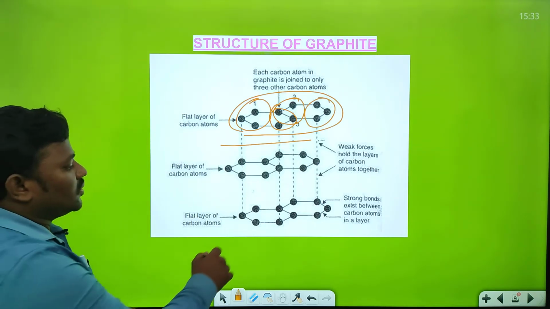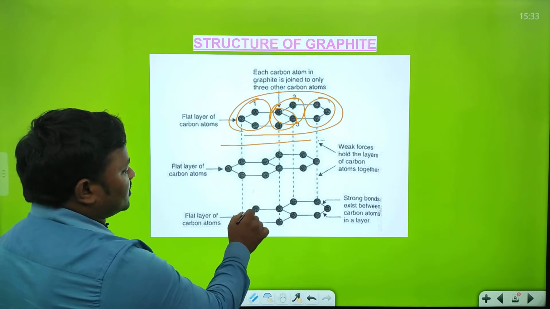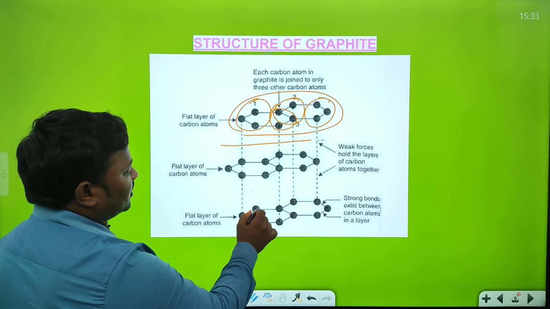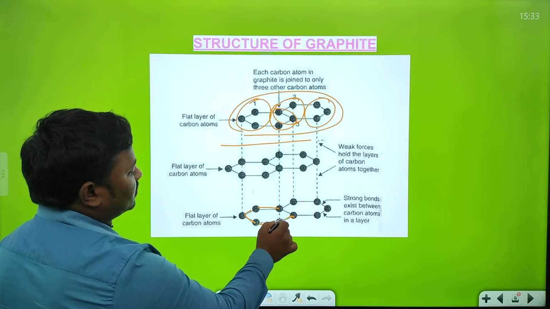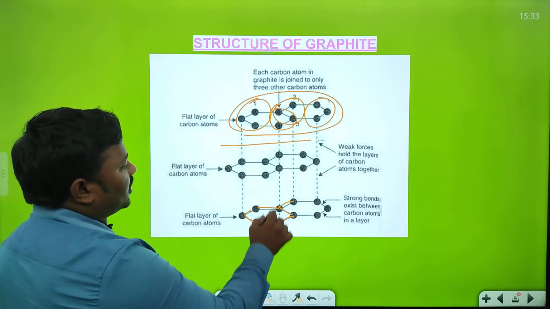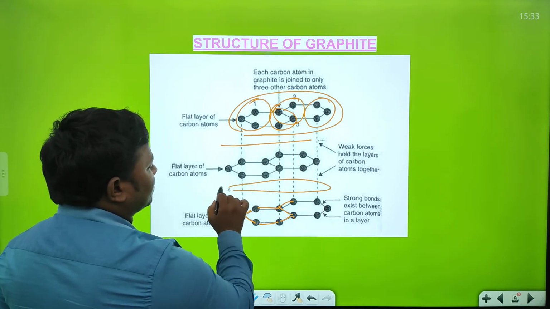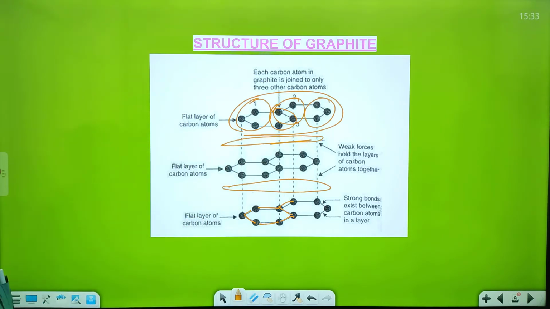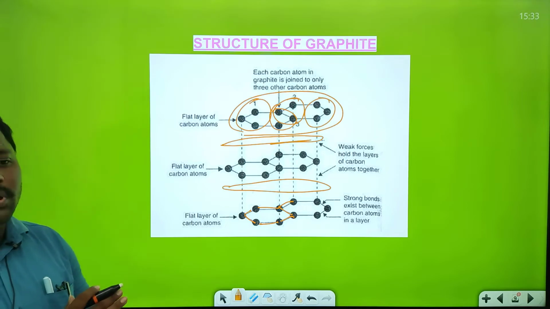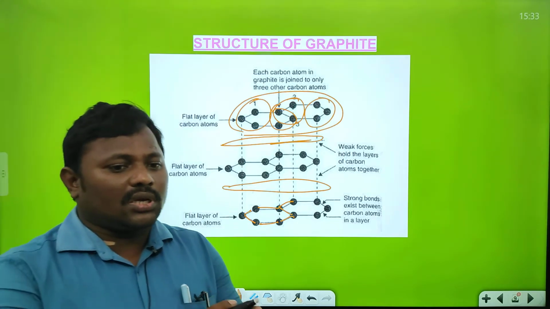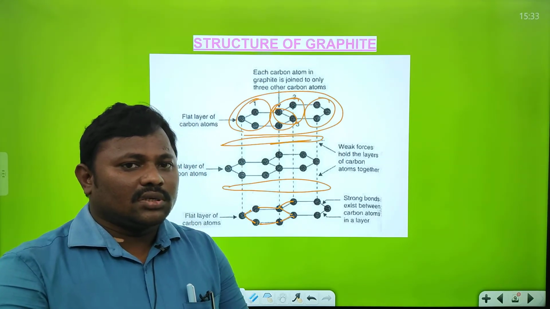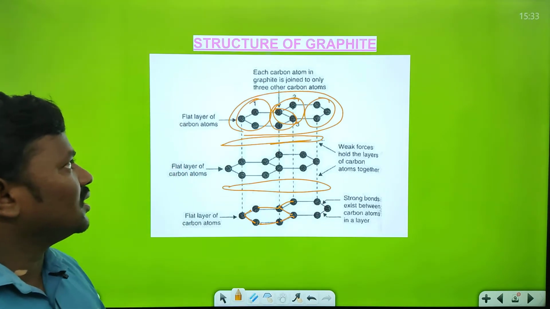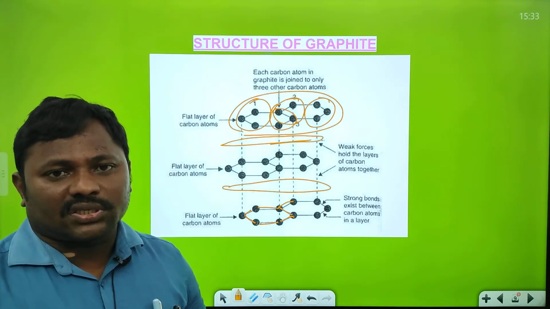So carbon to carbon, is it right? These are the strong bonds existing between carbon to carbon, and the bonds between layers are very weak. That's why the carbon layers easily separate, layer to layer. Is it right? So that is the carbon graphite structure.